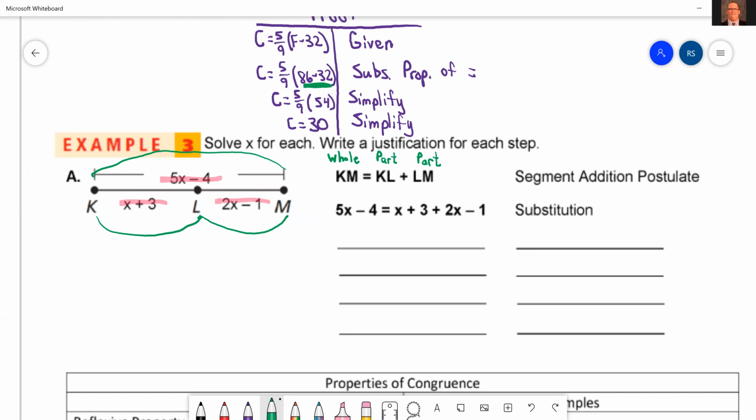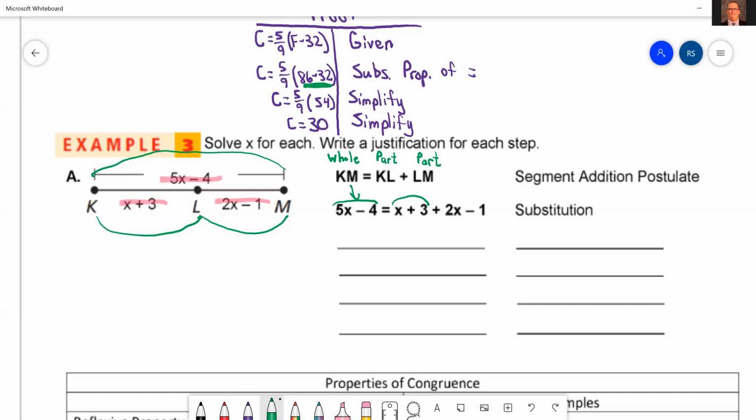Well, what they did here is they gave us that postulate and then they substituted in what each of these are. So from K to M, it's 5x minus 4. That's how they got that. K to L is x plus 3.